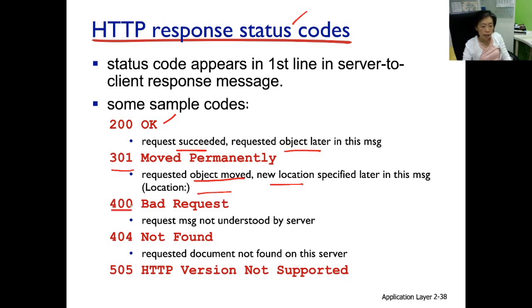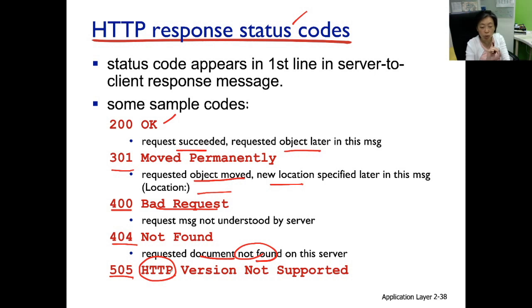If you see status code 400, that means your HTTP request format is not quite correct. Bad request. 404 means the object you are asking for is not found. 505, HTTP version not supported.